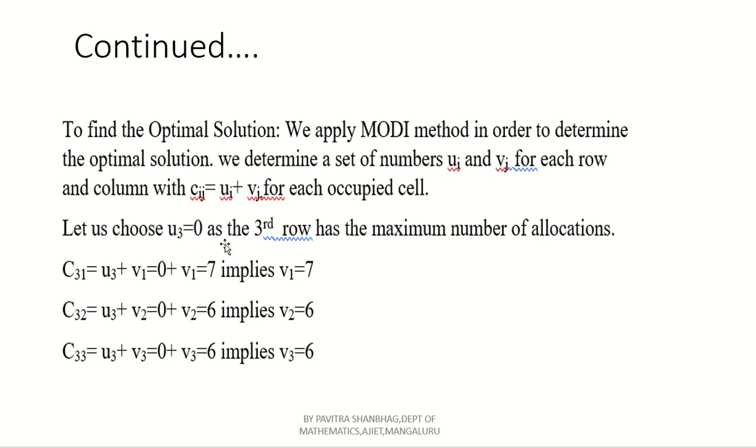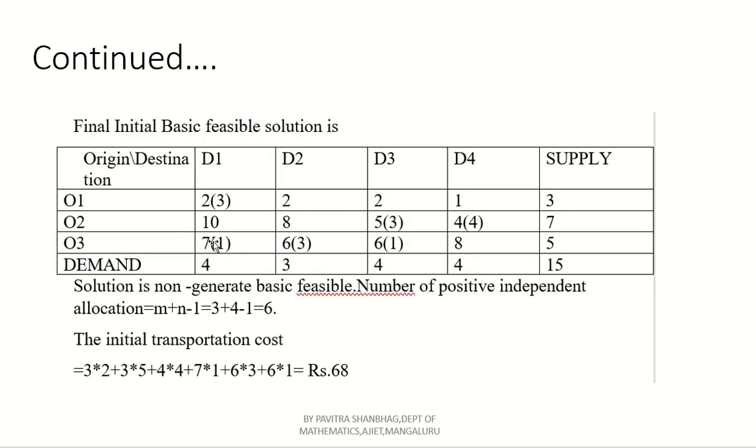Now after setting u3 equal to 0, you have to find all the remaining terms available in that particular row. That is C31, C32, C33. Now how to find them? C31 means 7, C32 means 6, C33 is 6, C34 is 8.